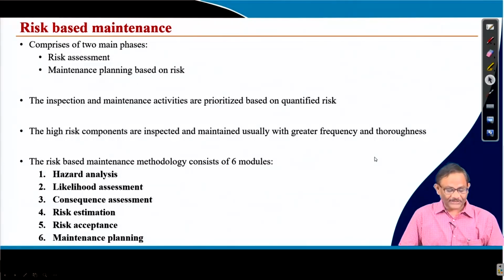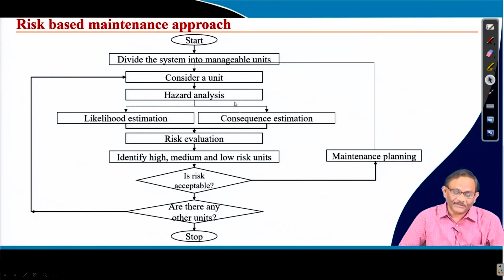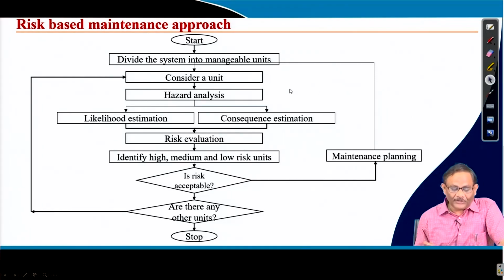So let us see how you will do the risk based maintenance. Here we are talking about risk based maintenance for the plant or the system as a whole, which is definitely a little bigger than equipment. So as the maintenance chief or maintenance manager, what you can do is divide the system into manageable units.